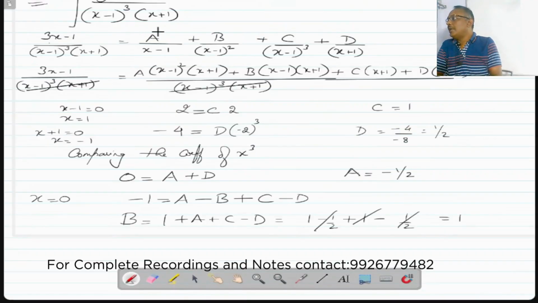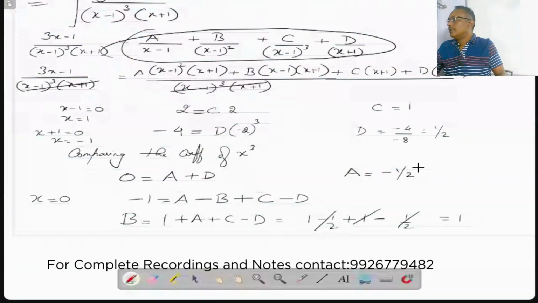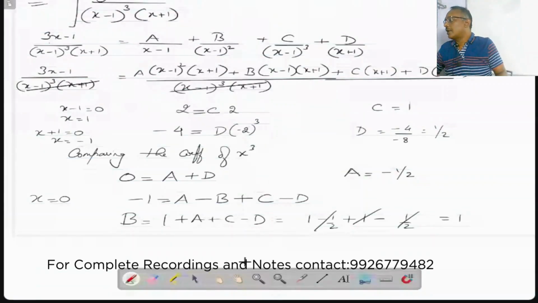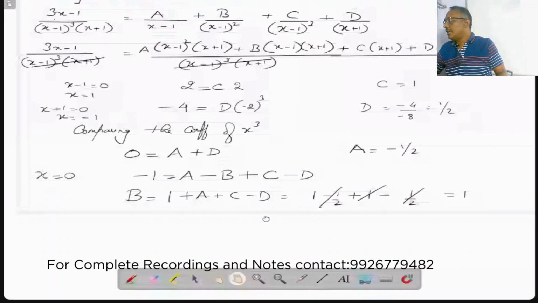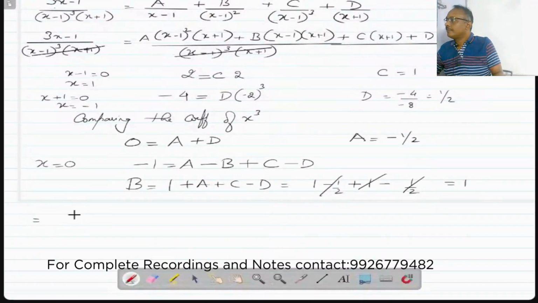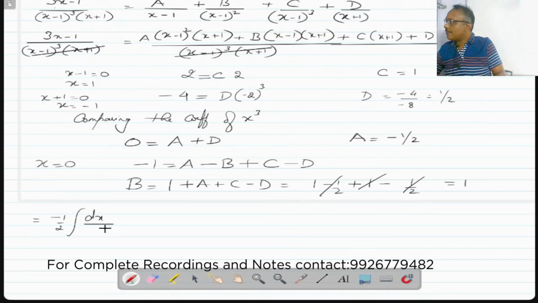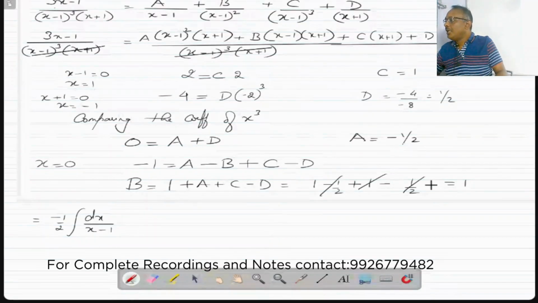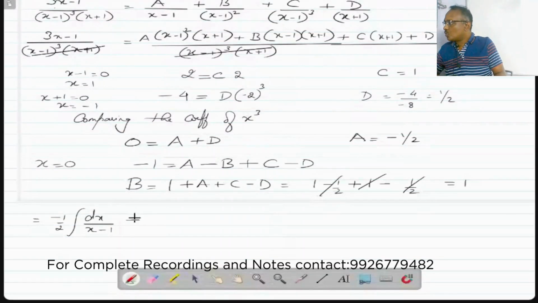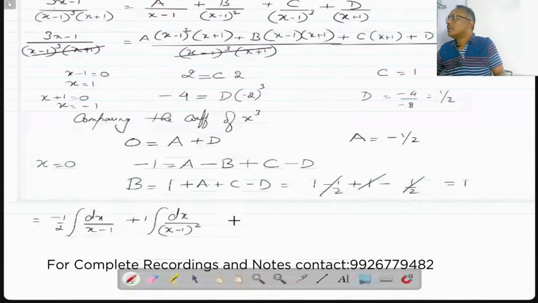Next अभी इंटीग्रेट. So इंटीग्रेट करने के लिए what is a now? Minus 1 by 2 integral dx upon x minus 1. b is plus 1 times of dx upon x minus 1 ka square.